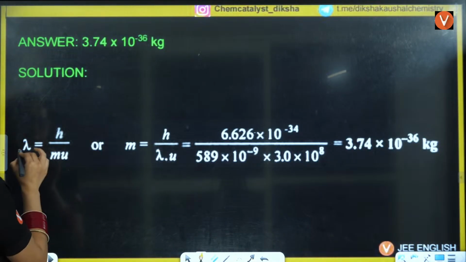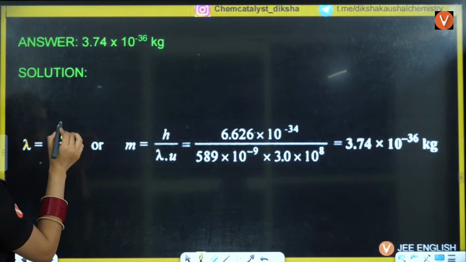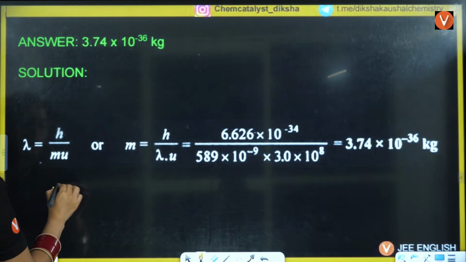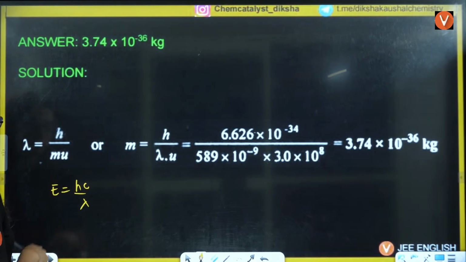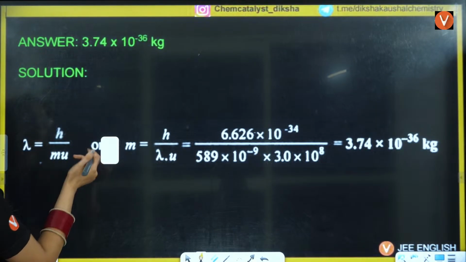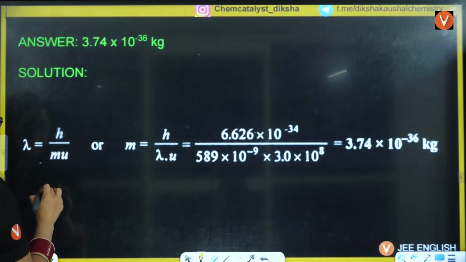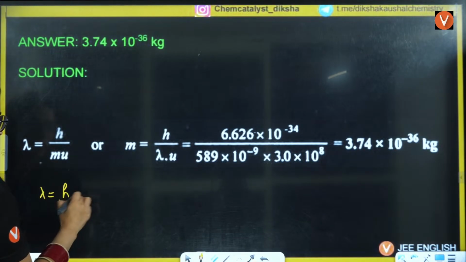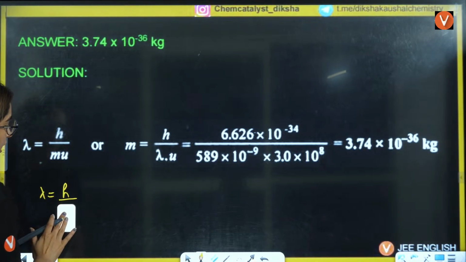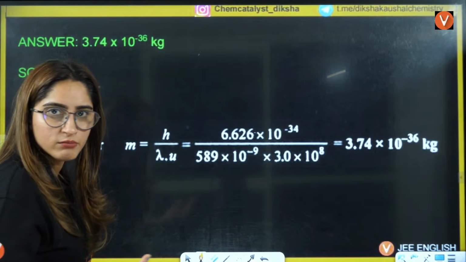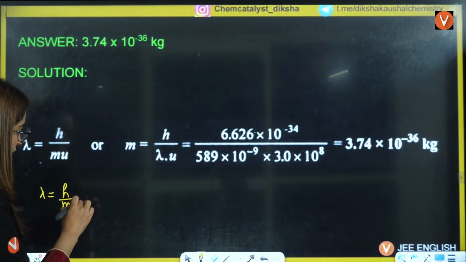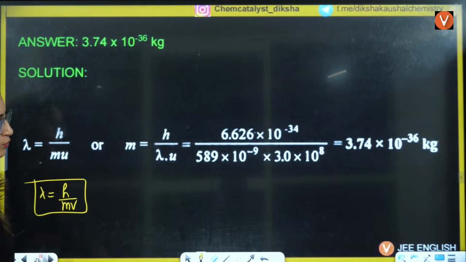We know that energy is equal to hc by lambda, right? Or you can directly calculate this as lambda equals h by mc. De Broglie equation you have, no? P is nothing but momentum, right? That is mv, right? So this we know.